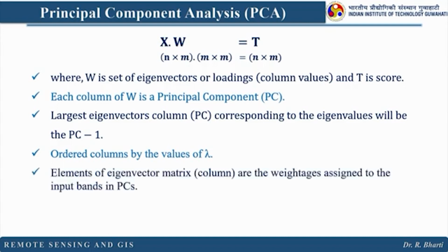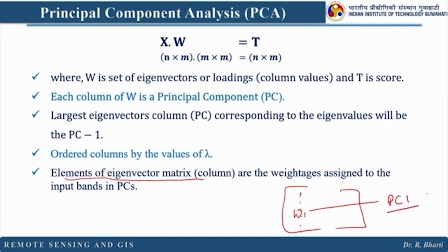Elements of the eigenvector matrix are the weightage assigned to the input bands of PCs. So let us say you have this W matrix of m by m, and the first column is W1, which is nothing but PC1, and PC1 will have the maximum eigenvalue.